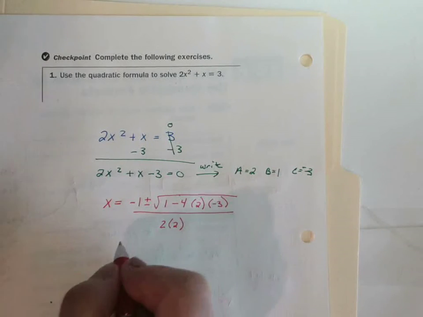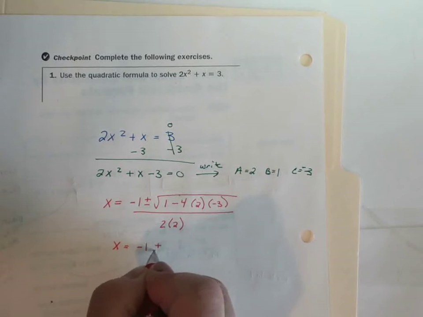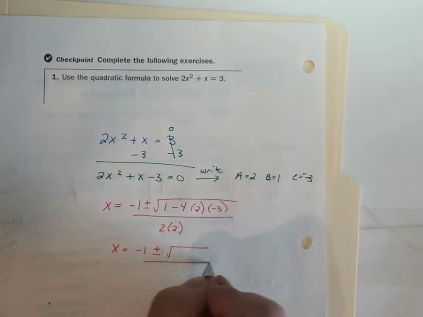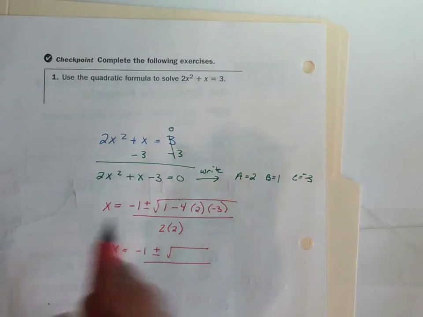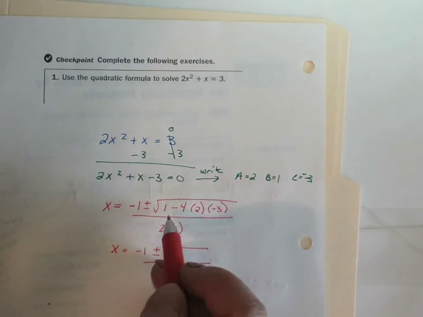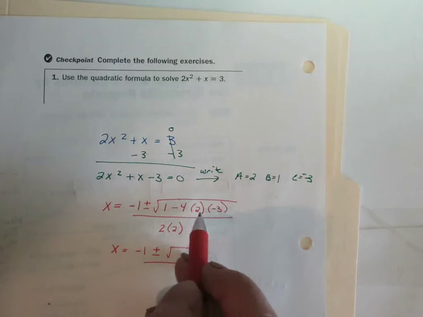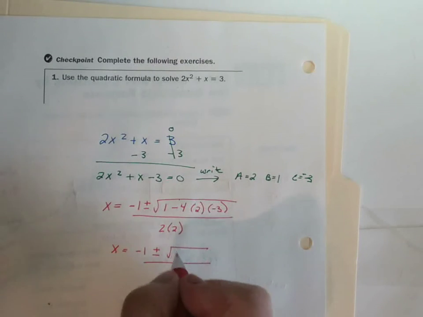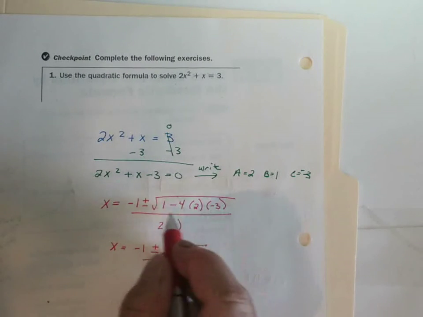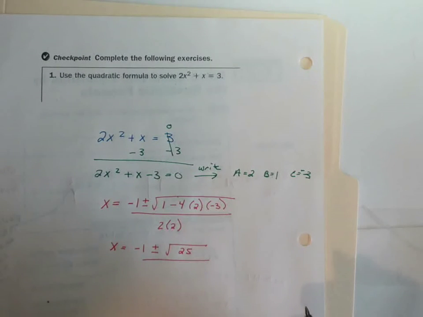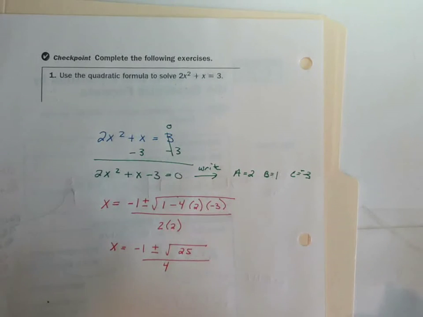All right. So now we have X is equal to -1 plus or minus the number under the square root. So you can put it into your calculator, or you can do it mentally. Right? And I'd like you to put it into your calculator, make sure you do it. You should get the number 25. If you put that in your calculator, you get number 25. Divided by 4.